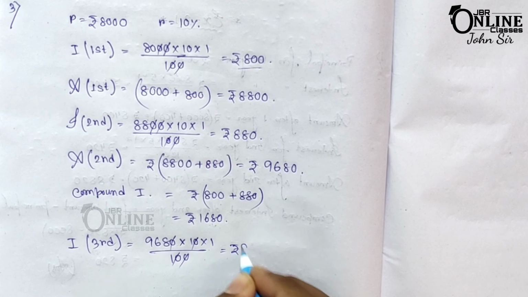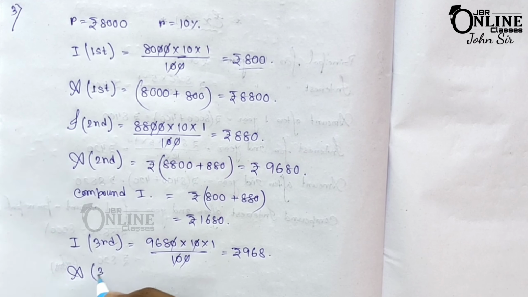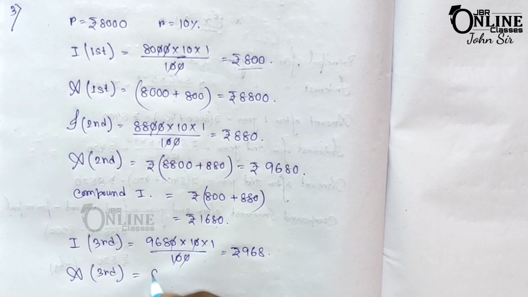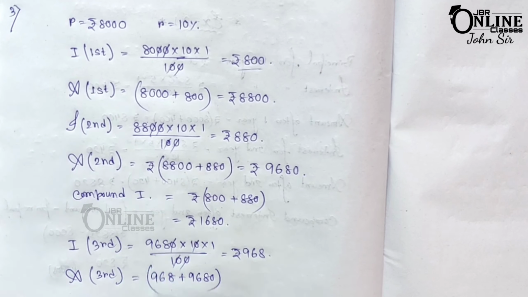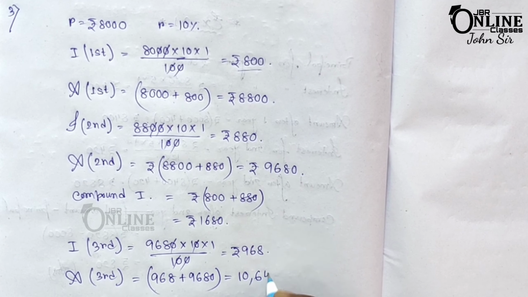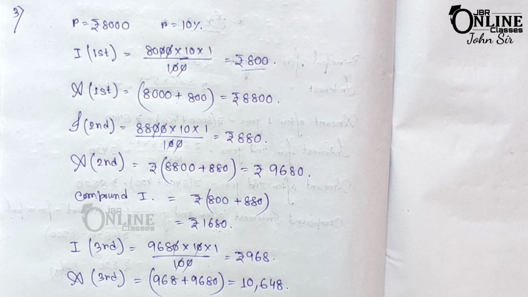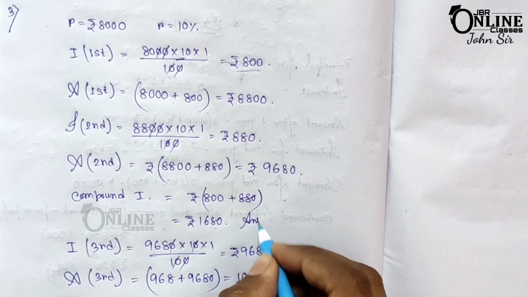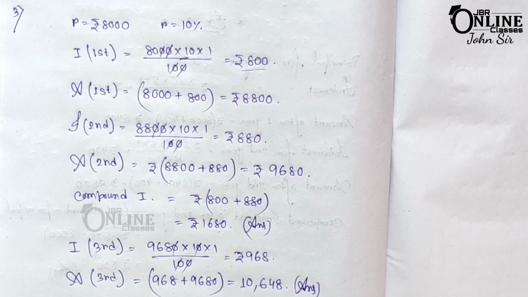So it becomes 968. So the amount or sum after the third year equals 968 plus 9680, principal plus interest, and that equals 10,648. 10,648 is the second answer.